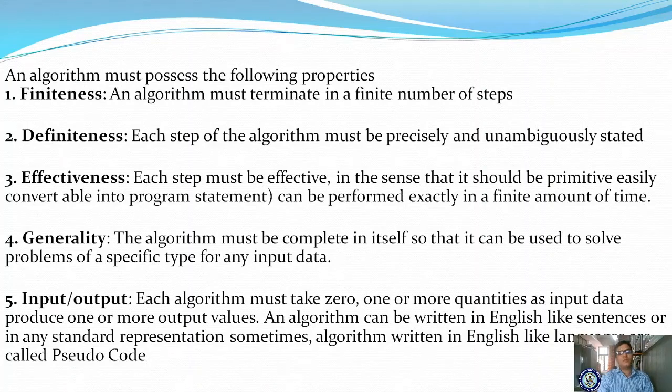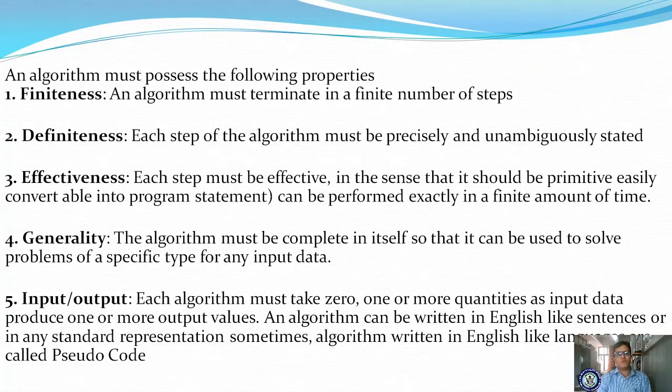First one is finiteness. An algorithm must terminate in a finite number of steps. It means it has to use some number of steps, and within those steps only it has to be finished. And second one is definiteness. Each step of the algorithm must be precisely and unambiguously stated.